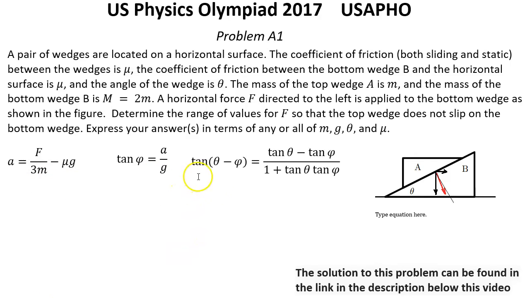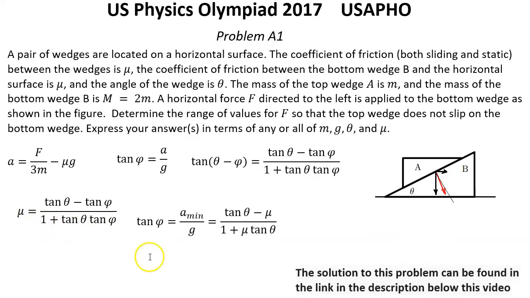So we have for tangent of theta minus phi this expression. But this tangent for critical acceleration equals mu, the coefficient of friction. Mu equals this expression, and now we have tangent phi equals a minimum over g, which is this expression.